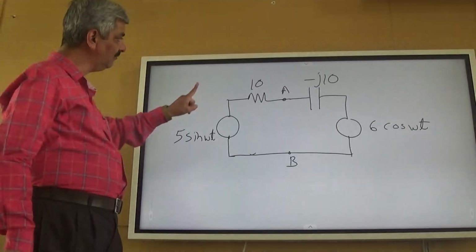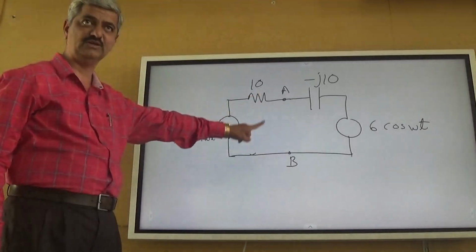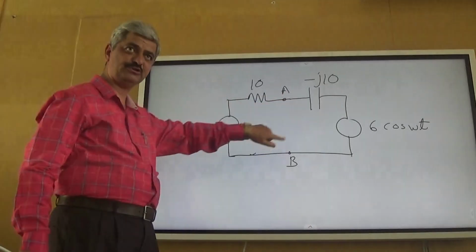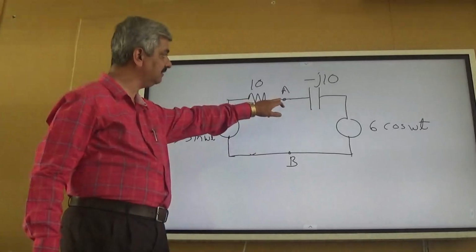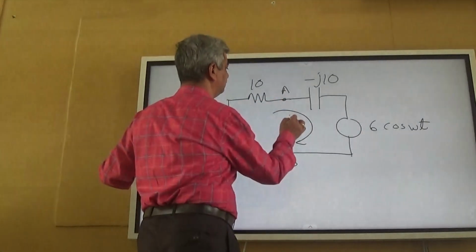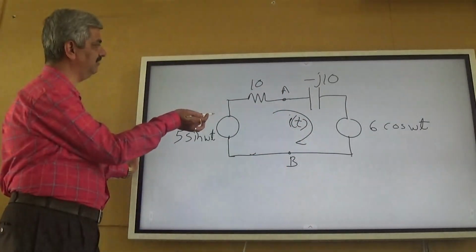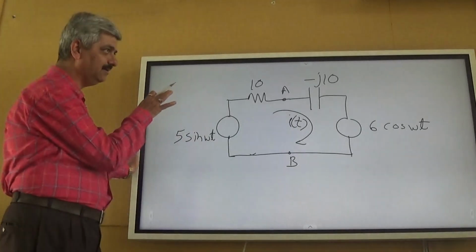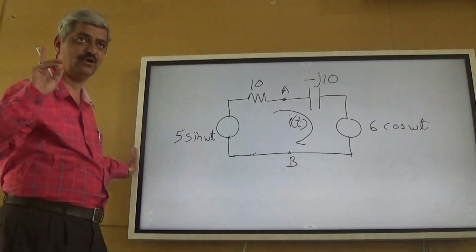Here, what is Thevenin's voltage? How can you find it out? Open circuit voltage means directly you can apply Kirchhoff's law. You can find IT. This is a very interesting thing where it's not that we have solved this, but using common sense you must be able to solve.